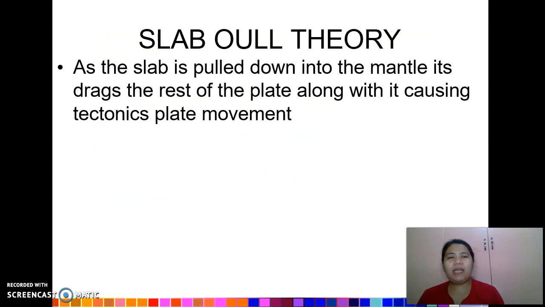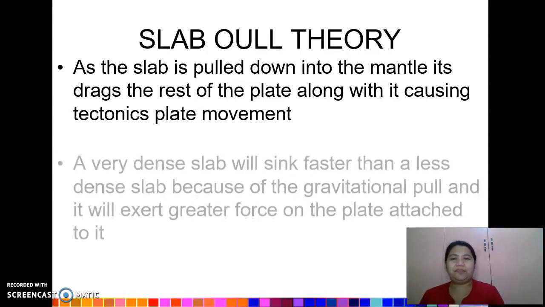As the slab is pulled down into the mantle, it drags the rest of the plate along with it, causing tectonic plate movement. So it's not only the rocks, or the slab of rocks, that are being pulled, together with it are also the plates in that area.